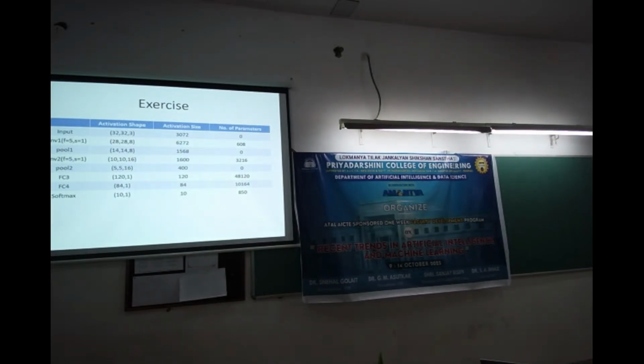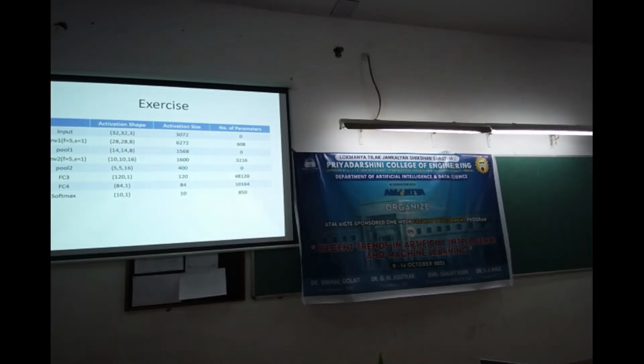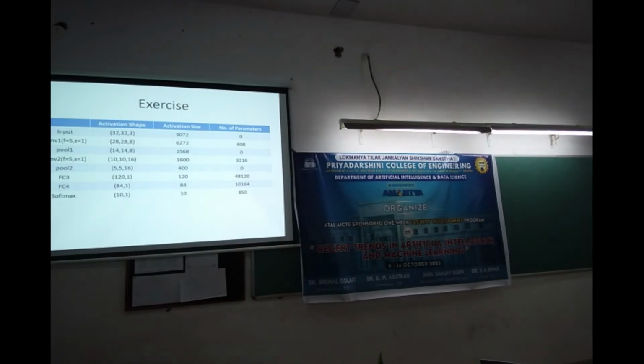The next question is how we can compute the number of parameters. I can explain this. A 5 cross 5 filter is applied. How many channels would be there in the filter? The number of channels in the filter is equal to the number of channels in the input.